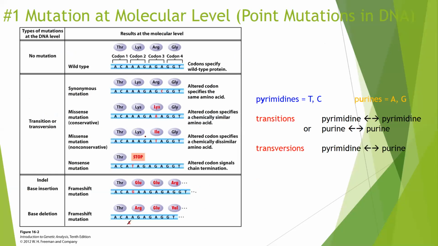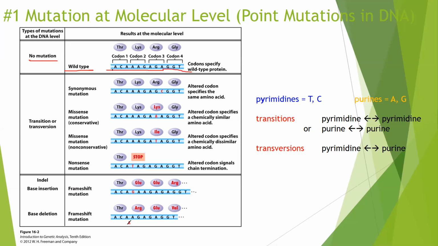Okay, let's look at the mutation at the first level, the molecular level, point mutation in DNA. This slide shows a lot of important, useful concepts, so please pay attention, because in a test or quiz I may give you some questions on these concepts. Let's see the first example, the wild type. There's no mutation at all, so you're going to see the standard DNA sequence here, right?